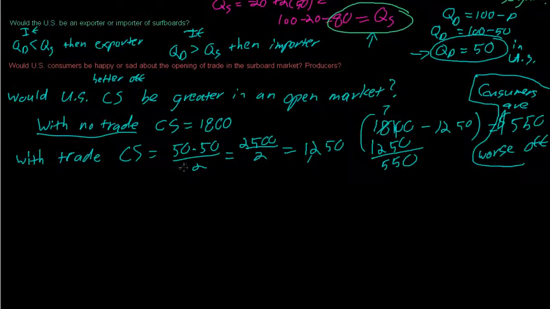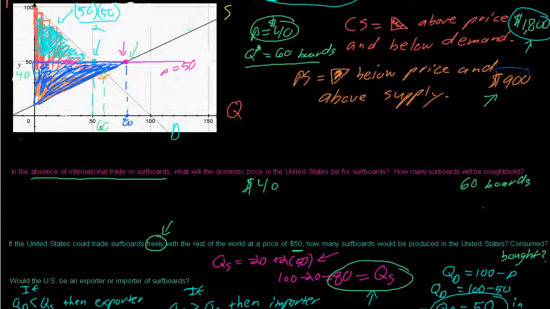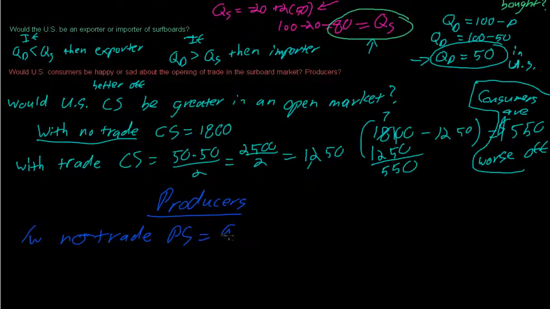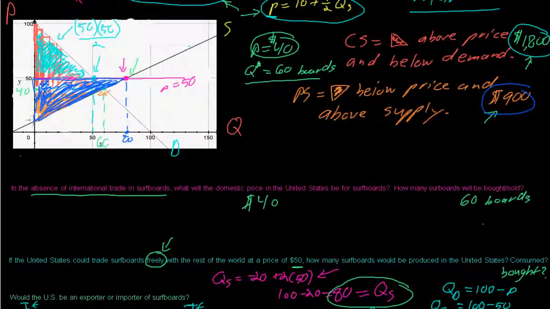And so we can already see that that in blue is bigger than the triangle that was in orange, and we can go figure out exactly how much bigger. So again, it's going to have a height of 40, and now we figured out that this out here is 80. So it will be 40 times 80 divided by 2. So this is now producers. With no trade, producer surplus was equal to $900. And with trade, it's equal to 40 times 80, no, excuse me, let me go check this again. Let's see, so from 50 to 10 is, yeah, that is 40 times 80, correct.